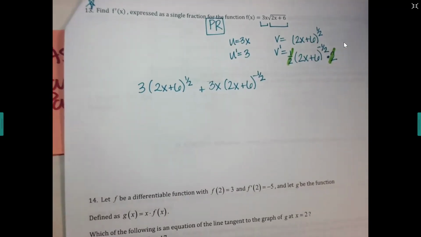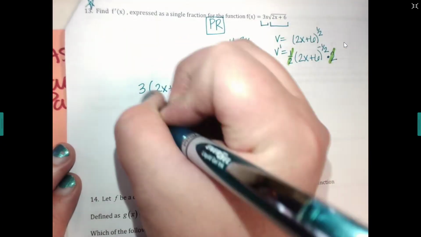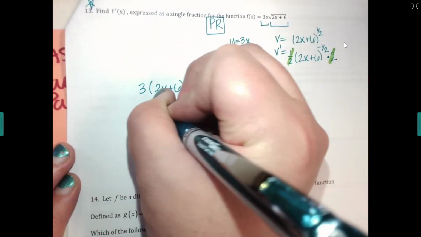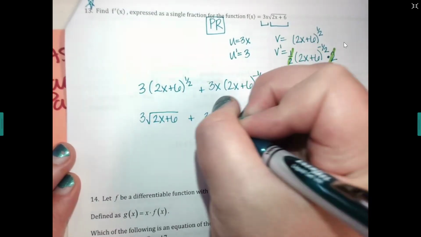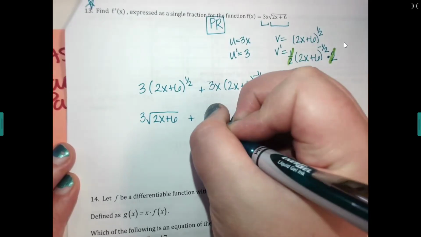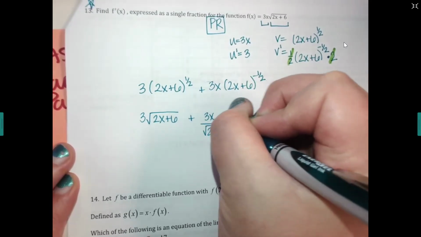Now, Delta Math would have taken this. But remember, your test is going to be presented as multiple choice. You have to pick which answer is the same. So if I had to turn those back into square roots, which one would end up on the bottom? The first one or the second one? Okay, the second one. So this would be 3 root 2x plus 6, and this would be a 3x over root 2x plus 6.